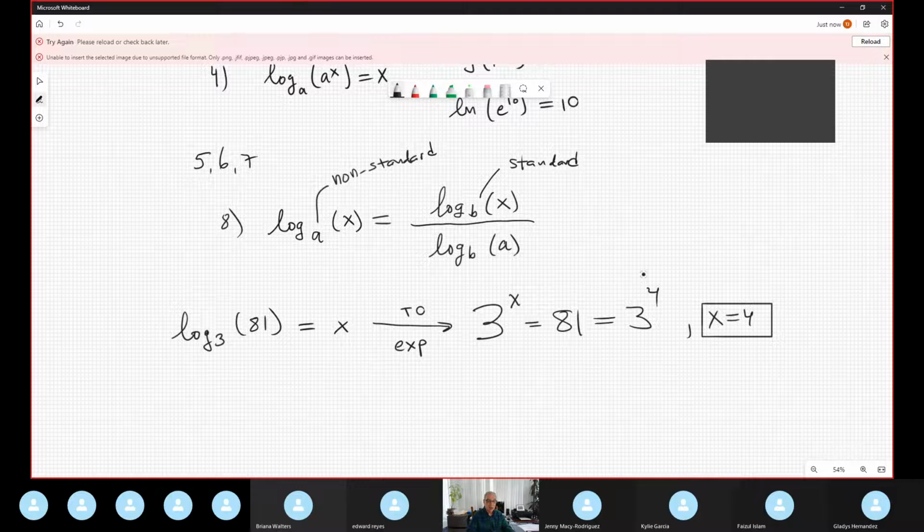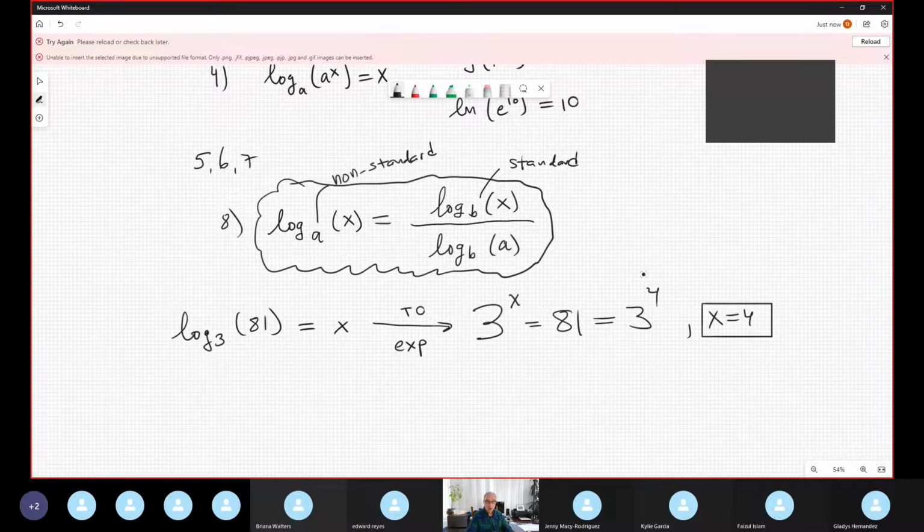Okay, but suppose now we are not able to do it by hand, no problem, but I want to apply this formula. By the way, the name of this formula is change of base formula. Okay, cool. So now I need to come back to the problem.